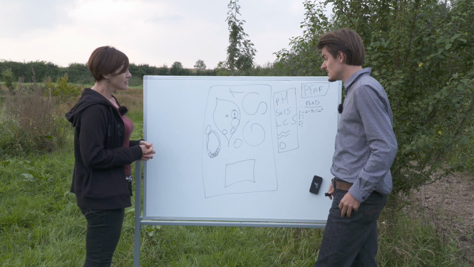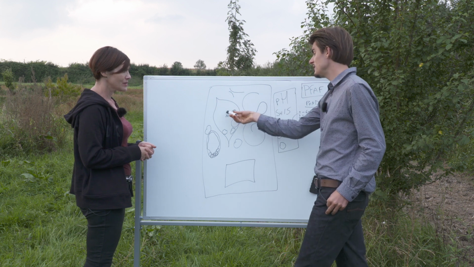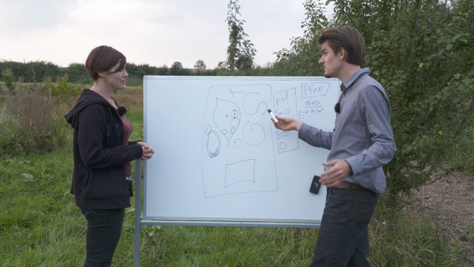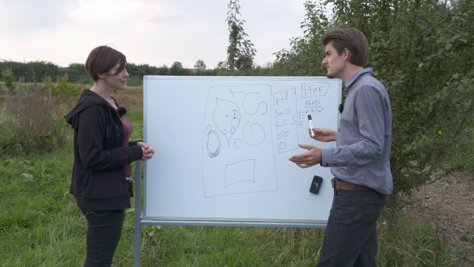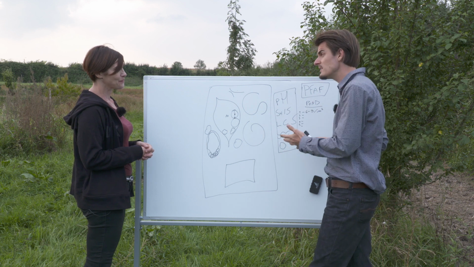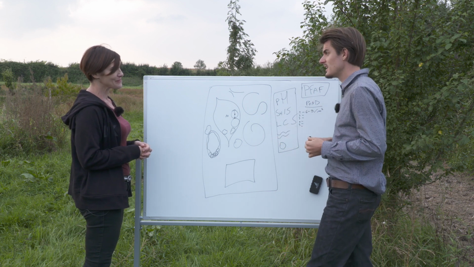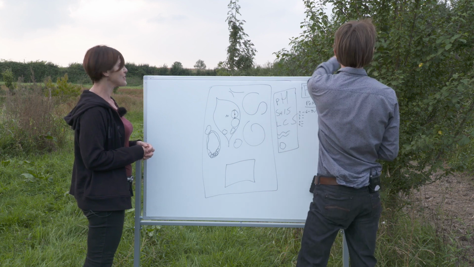Once you have all this, every square meter needs to be accounted for. What are you going to do there? Then it's time to get your hands dirty, order the plants and start planting. That's the first step of what you see here, these trees.